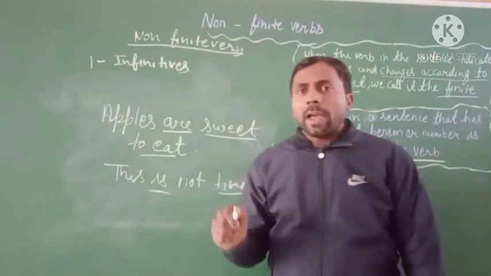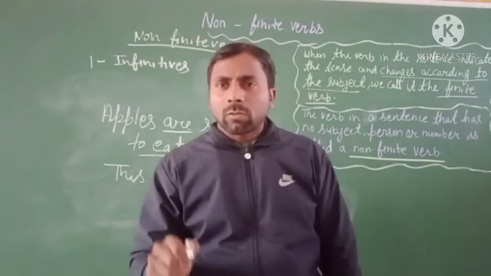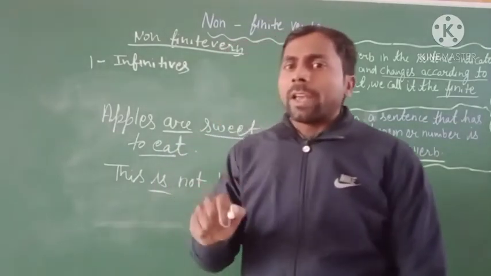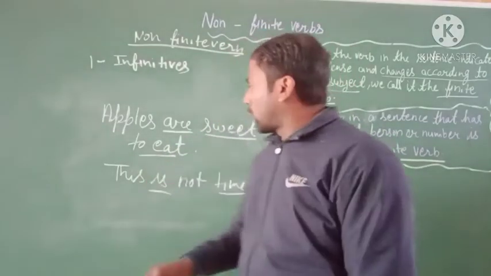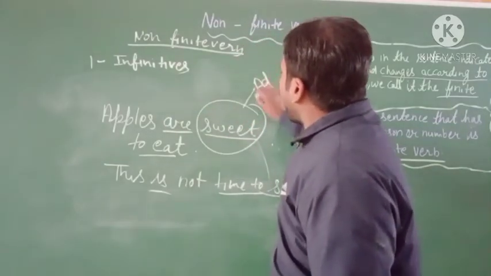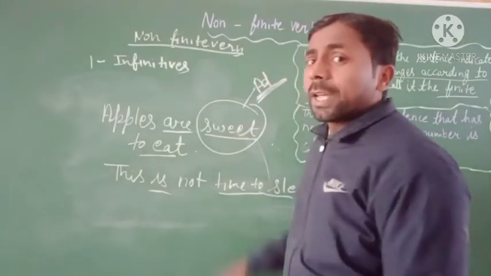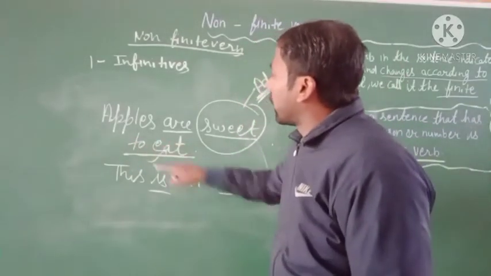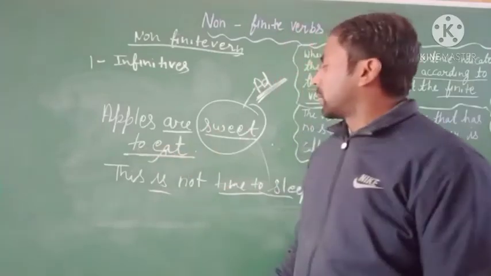Here an infinitive can also qualify an adjective. It is an infinitive word and that is the qualifying adjective. So you can see here is the adjective. The word sweet is an adjective and it is qualifying the infinitive. Infinitive means to eat.